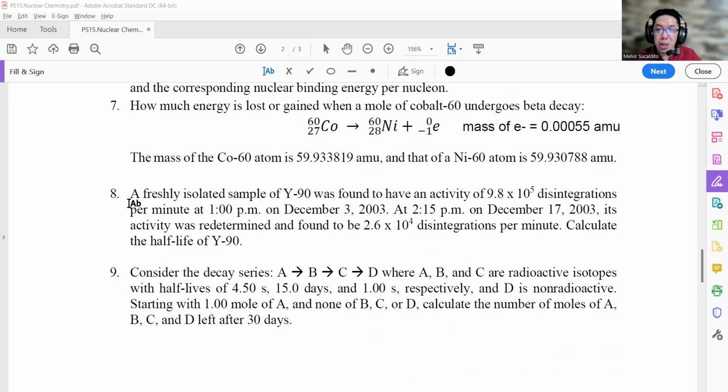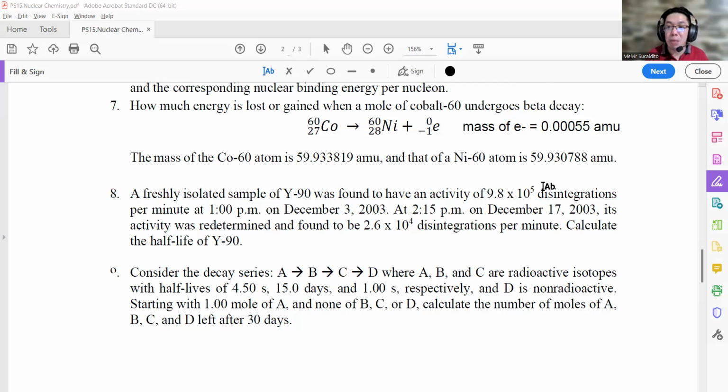So, it means one nucleus is being disintegrated into other forms o kung anumang decay mode yon per second. So, number 8, a freshly isolated sample of yttrium-90, Y90, was found to have an activity of 9.8 times 10 to the 5th disintegrations per minute.